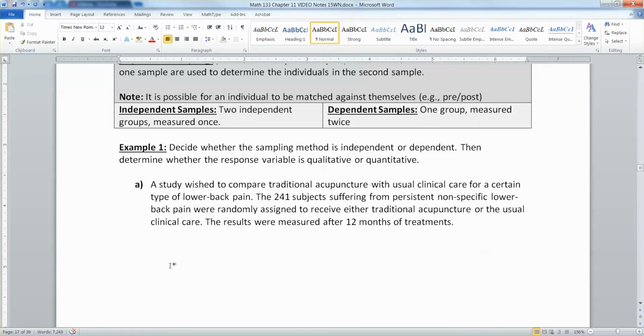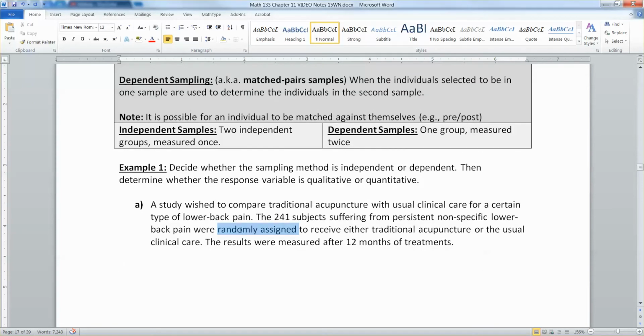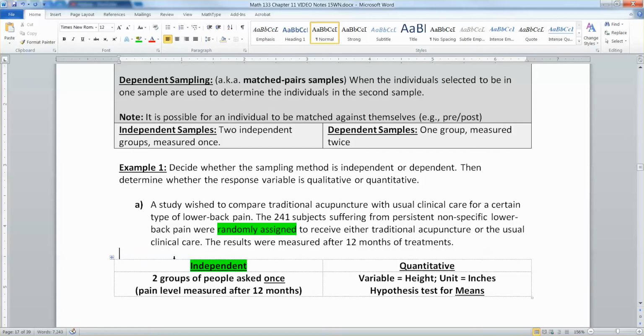So a study wished to compare traditional acupuncture with usual clinical care for a certain type of lower back pain. The 241 subjects suffering from persistent nonspecific lower back pain were randomly assigned, that's interesting, to receive either traditional acupuncture or the usual clinical care, and the results were measured after 12 months. Well, that's independent of each other, right?